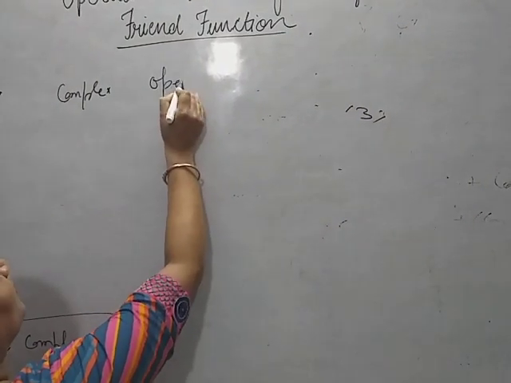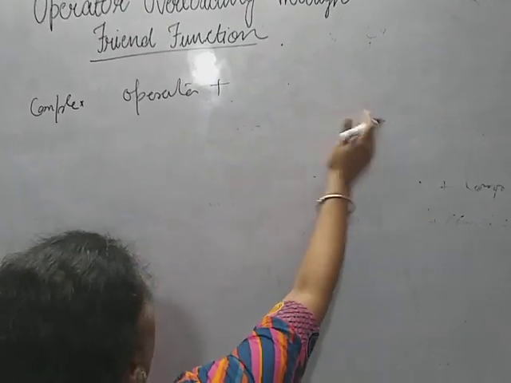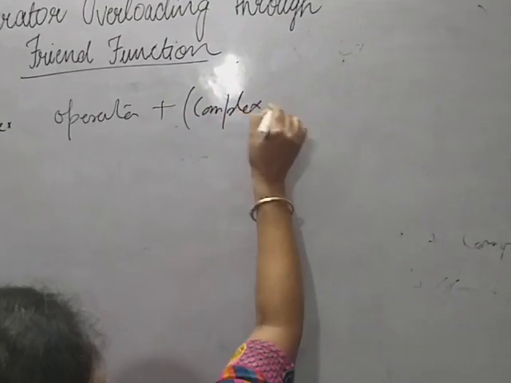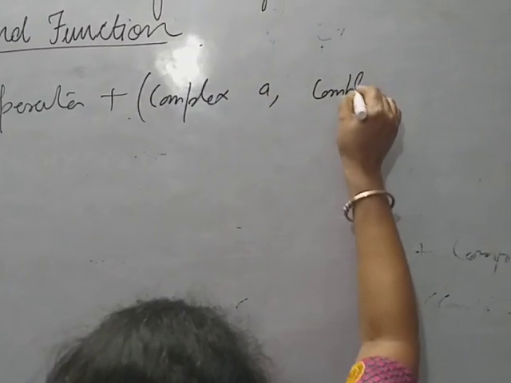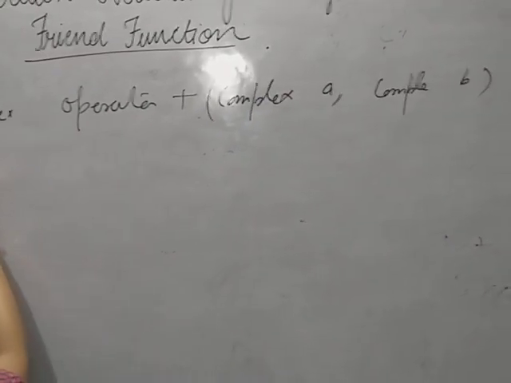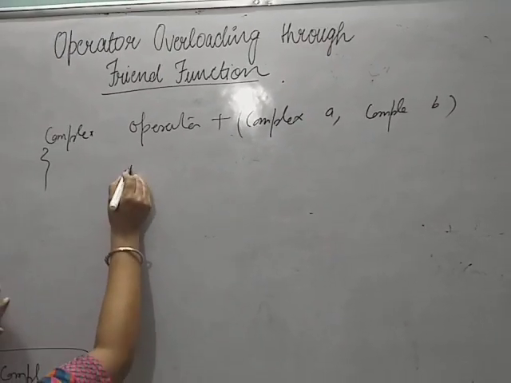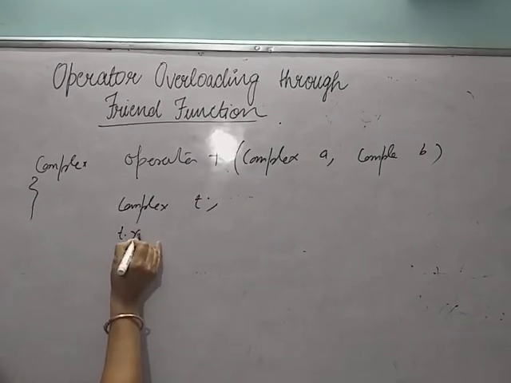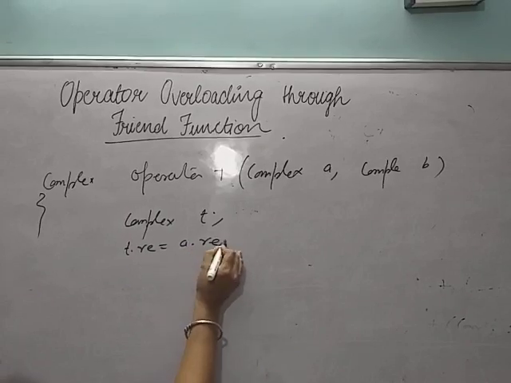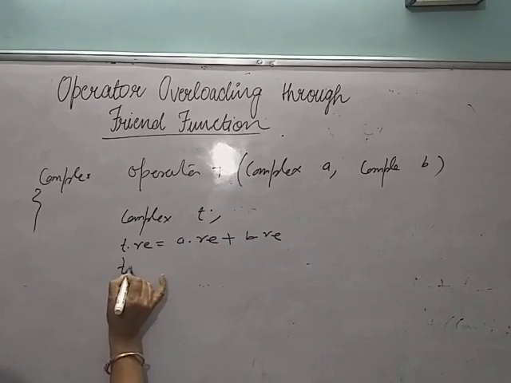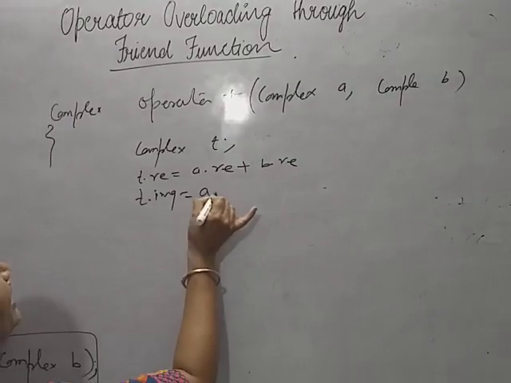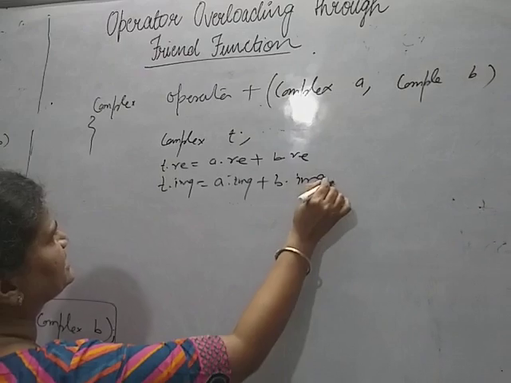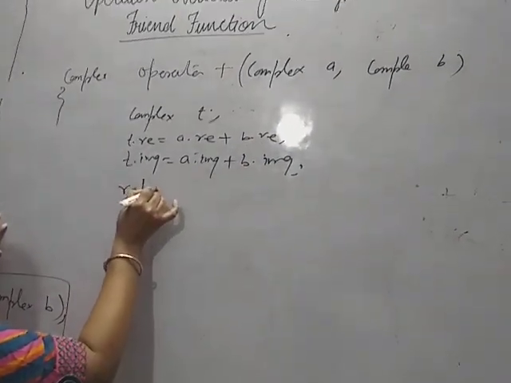I write operator plus, complex A, complex B. The definition is the same: we create a complex object T, T dot real equal to A dot real plus B dot real, T dot imaginary equal to A dot imaginary plus B dot imaginary, and return T.